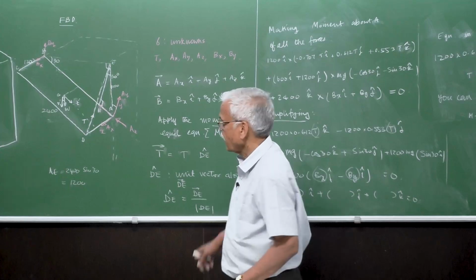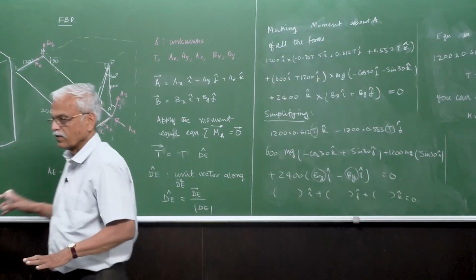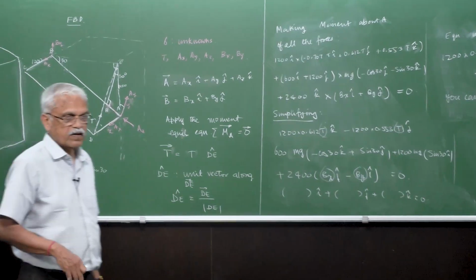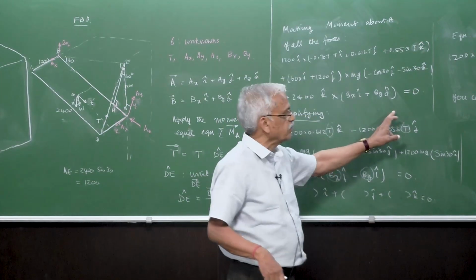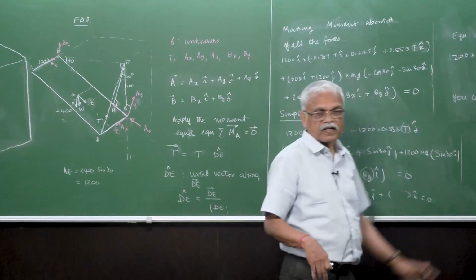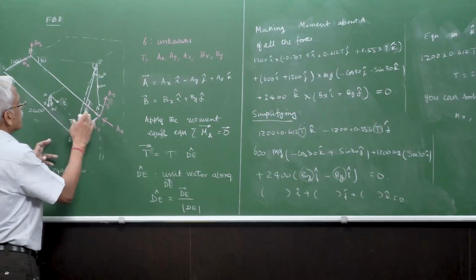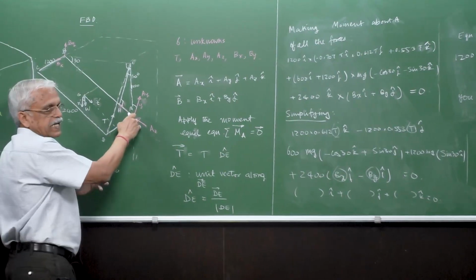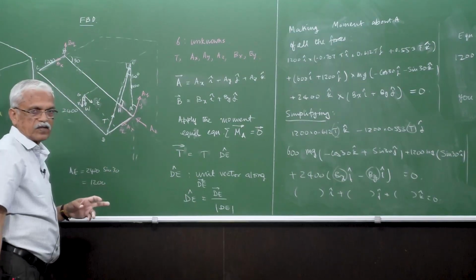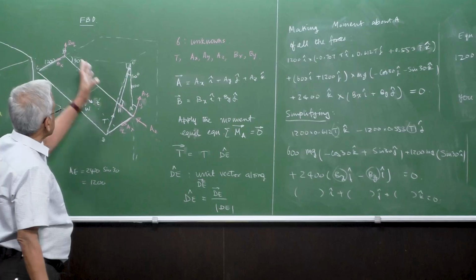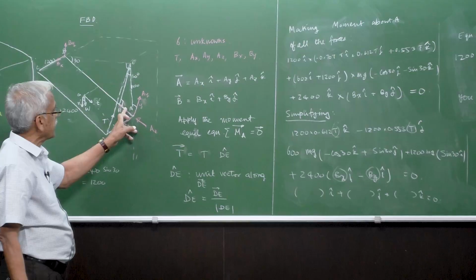Okay. So we have done everything very systematically using all vectors. But on the other hand, if you are interested in finding out only T, you could have realized this right in the beginning. If you take the component of all the forces about this axis at point A, then you can very well see that about this axis, all these three components will not have any moment.